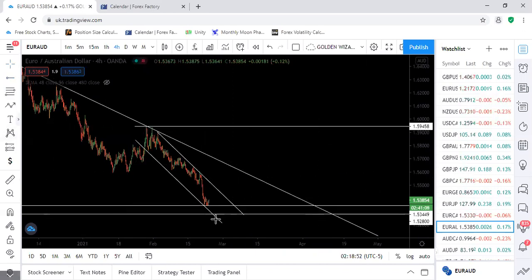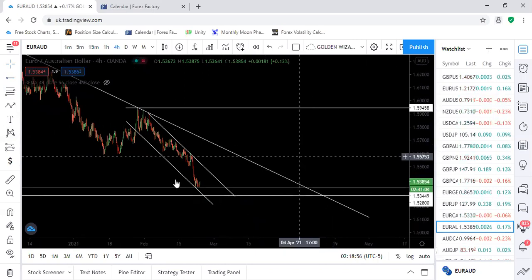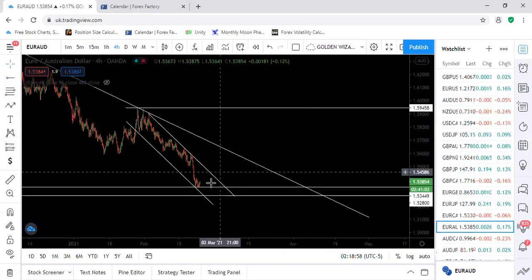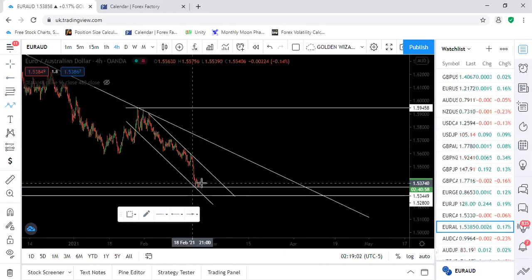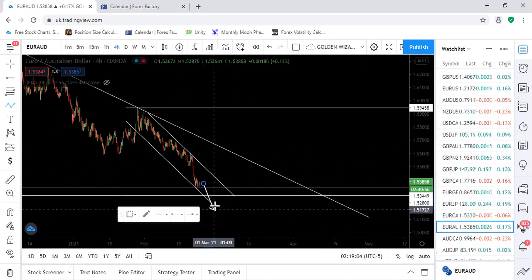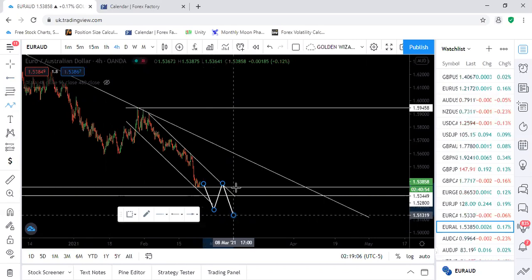So that's good. And then could also be a sell. So gonna wait and see. But I do see some potential for a buy. I think the ideal buy scenario would be something like this.